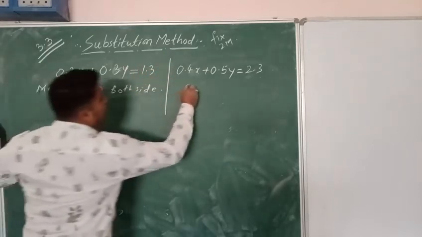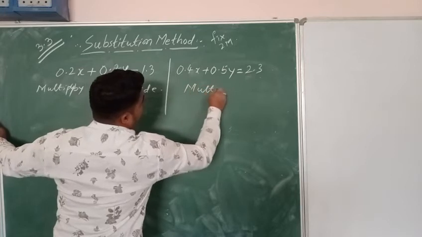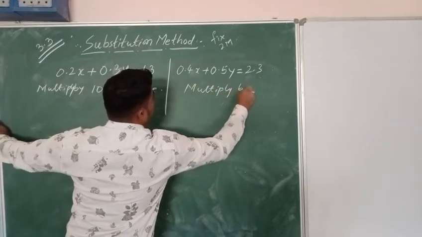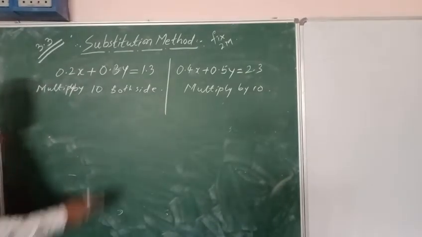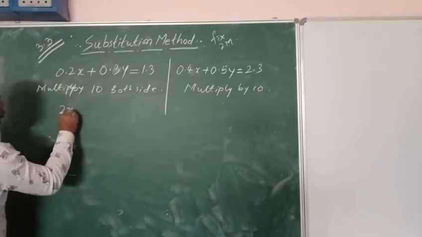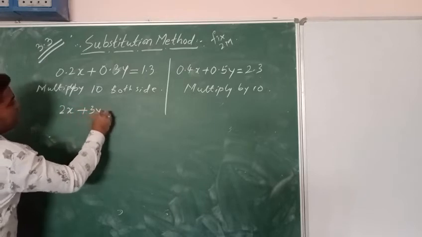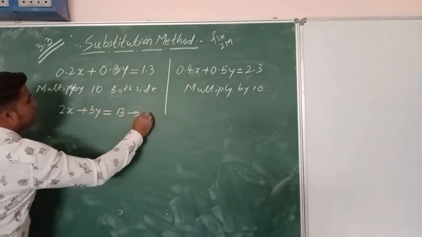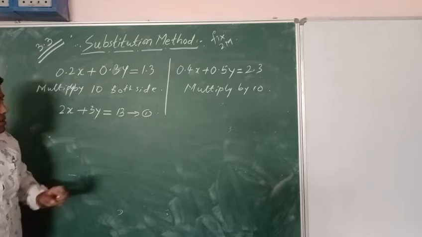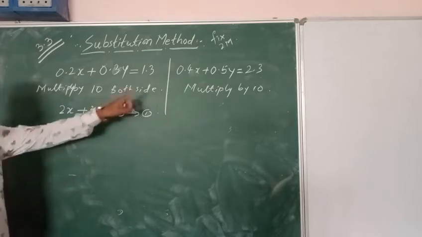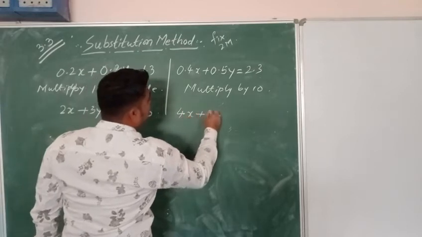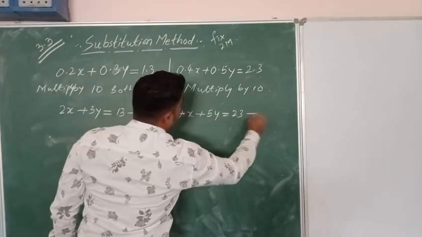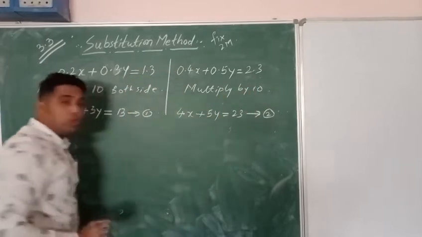Here also, multiply by 10. Once you multiply by 10, it becomes 2x plus 3y is equal to 13. Same way, that side becomes 4x plus 5y is equal to 22. This is equation number 2.